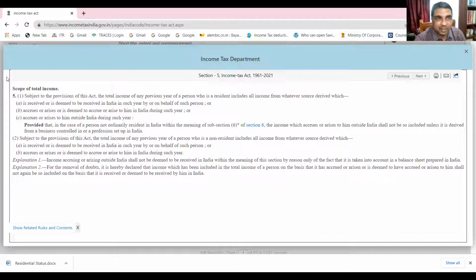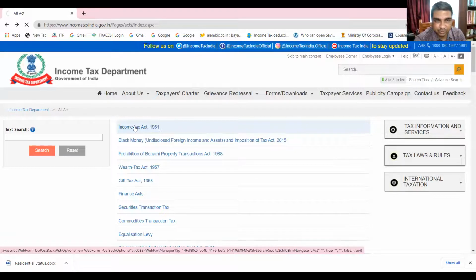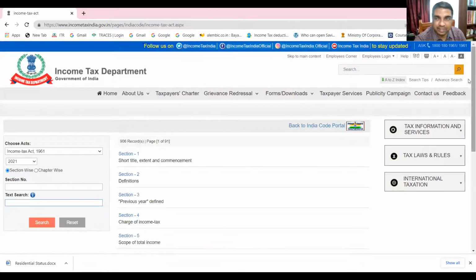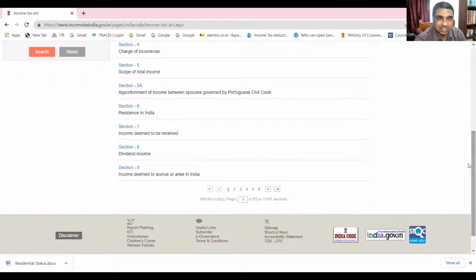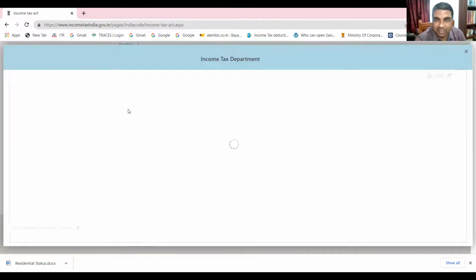Now let me take you to section 6 also, just to show you how the law really looks. Whenever you get time, please read these sections. In section 6, we are talking about residents in India. This is what I taught you today.